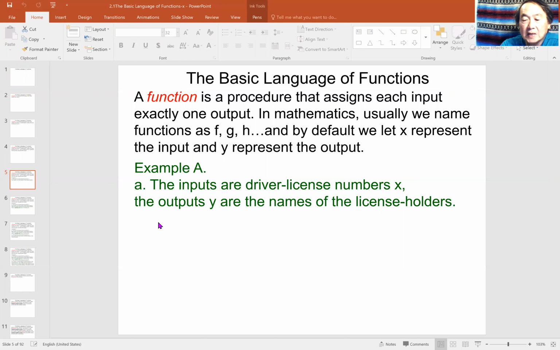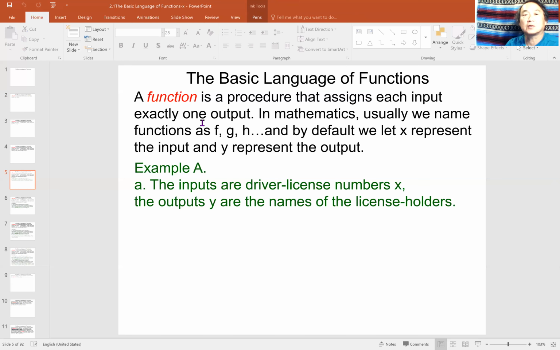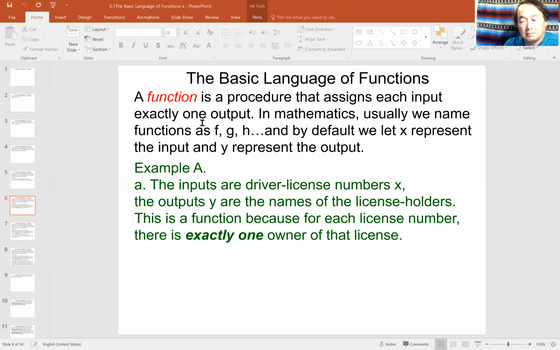The important thing about a function is that it is a procedure that for each input produces exactly one output. So in this sense, the input is the driver's license number, and the output is the driver corresponding to the license. This entire process constitutes a function, because you only assign one owner to the license.